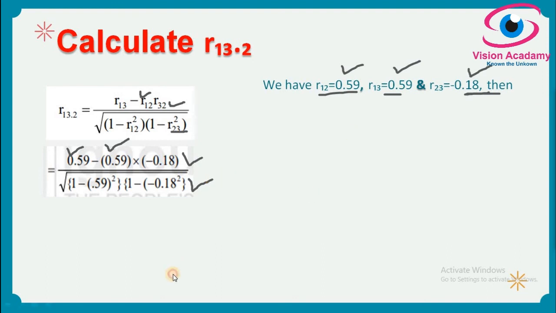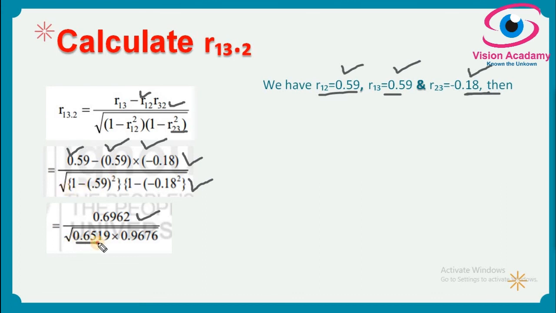For the next step I will simplify in the same way. So here firstly 0.59 into minus 0.18, so I will get a minus value. Now to apply the formula, minus into minus plus, it will be added to this. So 0.59 and the portion of this will be 0.6962. In the denominator 0.59 into 0.59, which will be subtracted by 1.